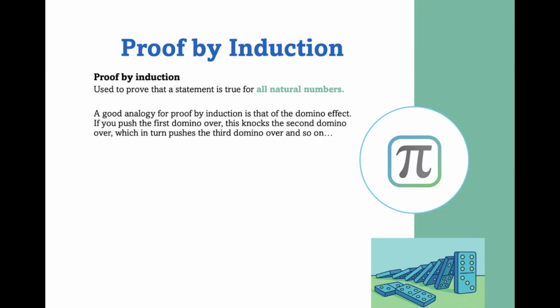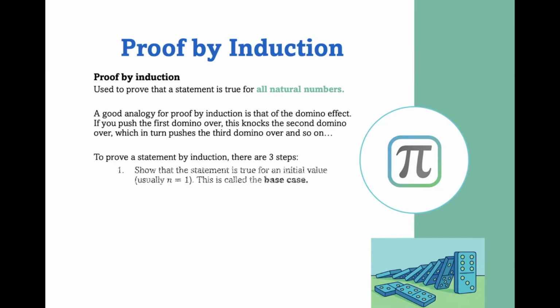So what I mean by that is when we start with a proof by induction, first of all, we prove that the statement is true for a base case, usually where n equals 1. Sometimes you might use a different base case, but in general, you would use n equal to 1.